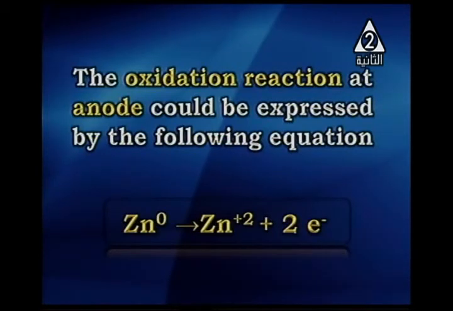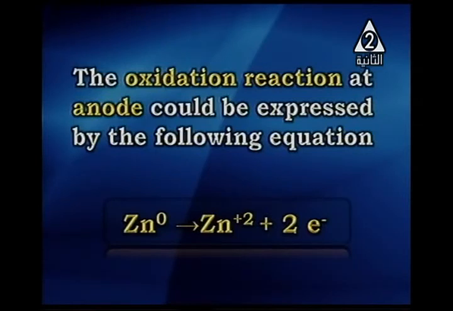In other words, in which part does the oxidation reaction happen, which pole, positive or negative, the cathode or anode? I need every one of you to read this part very well and write the equation many times to solve these problems.